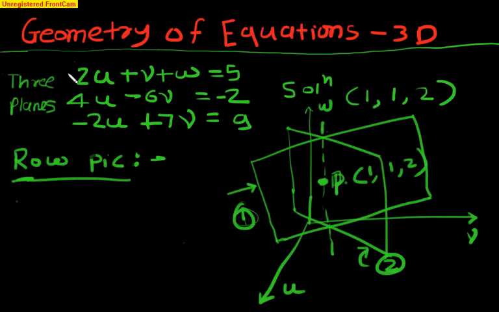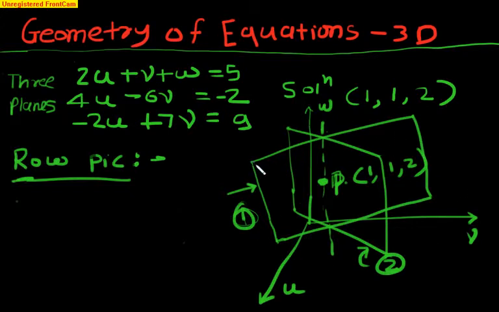Just see here, we have these three equations. Each equation represents nothing but a plane. I have written the solution of these equations, which is 1 1 2. Now come to this picture. This represents a row picture of the equations.